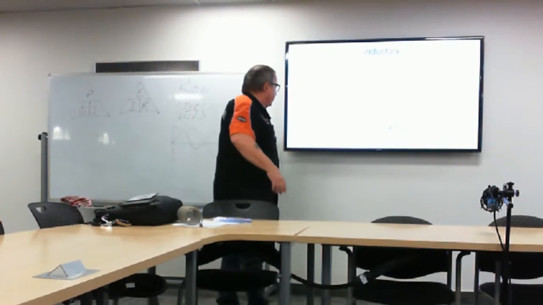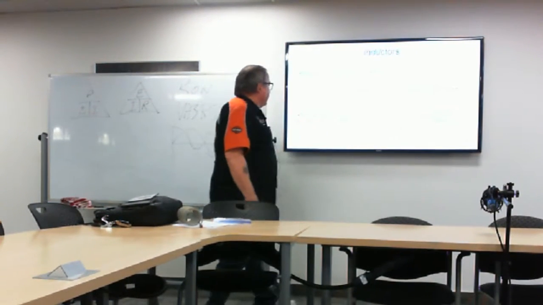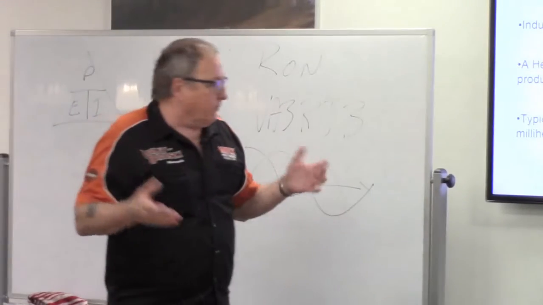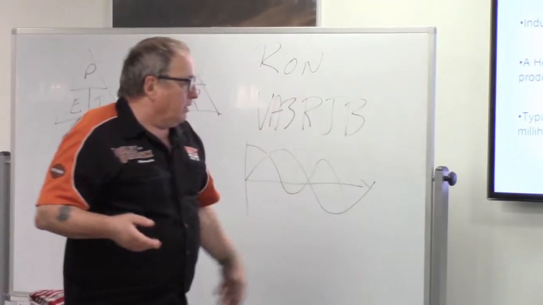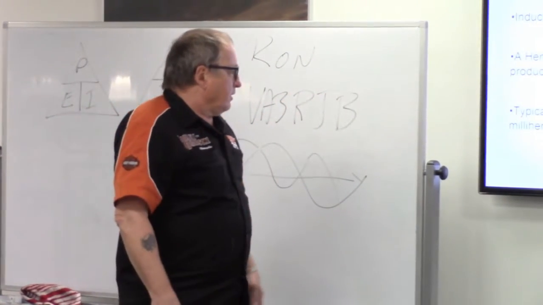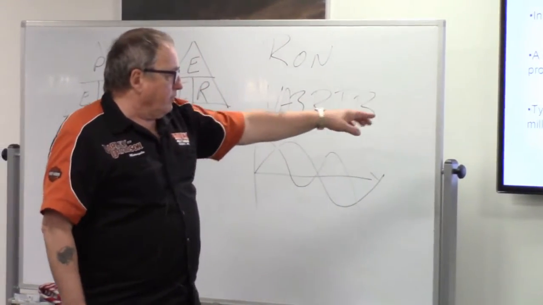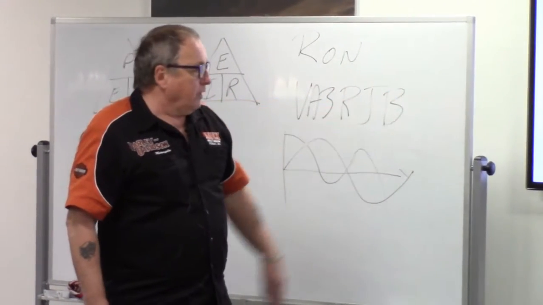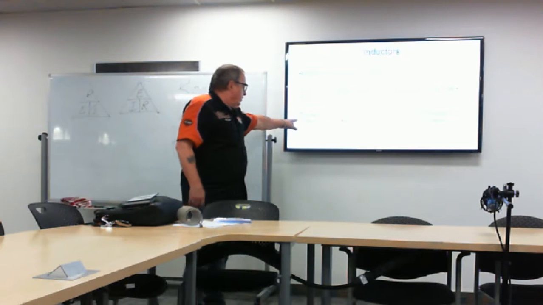You'll learn about that. Inductance is measured in henries. A henry is a measure of an intensity of a magnetic field, but a henry is a rather large guy. We don't use a whole henry, but we usually use millihenries and microhenries. A millihenry is a thousandth of a henry.